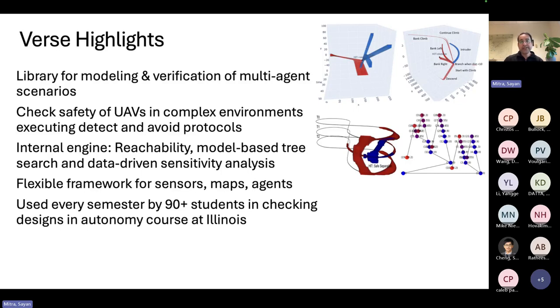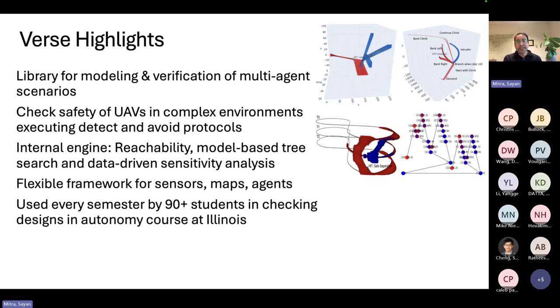So now every semester, 90+ students in this autonomy course are using Verse in their classroom project. So they do some design for autonomous systems. And as a part of their assignment, they are actually using Verse to verify their designs and providing a high level of assurance or certificate of correctness of their designs. So this is a rather unique thing we have been able to do.